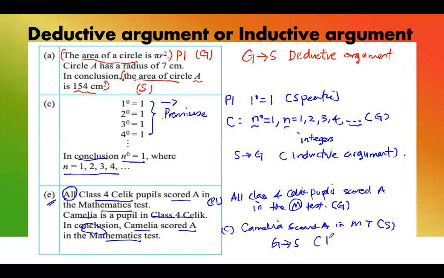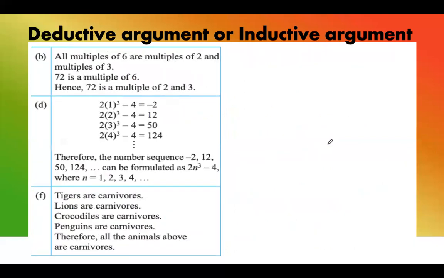This one is a deductive argument. Again, general to specific is deductive argument, and specific to general is inductive argument. Let's see some more examples.